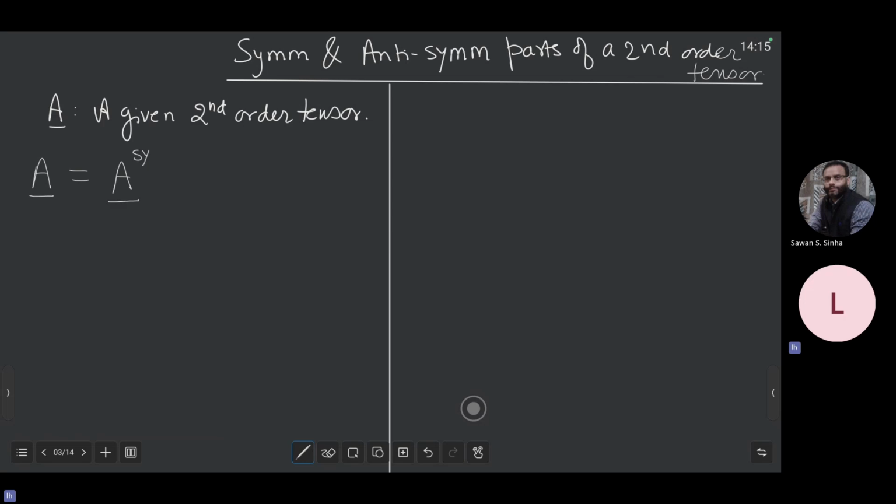One which I call A sim and another which I call A anti-sim. Okay. Where A sim is, actually it stands for symmetric. Why not write the full thing? Any tensor, second order tensor, can be split into a symmetric tensor and an anti-symmetric tensor.